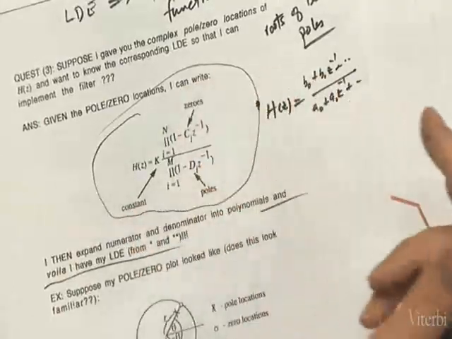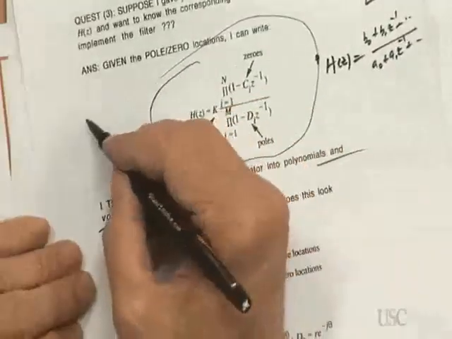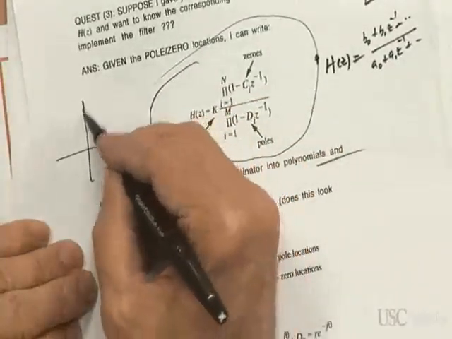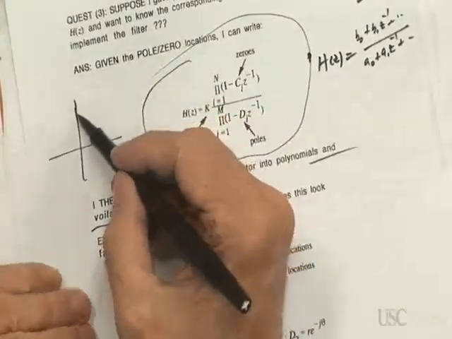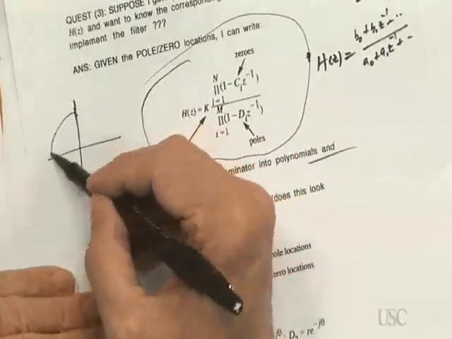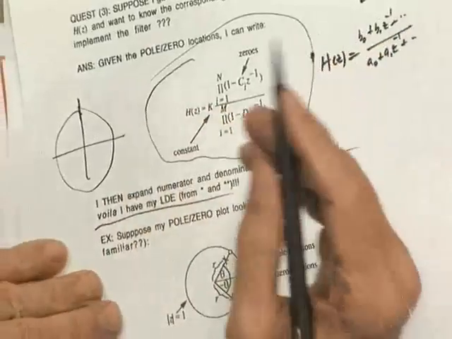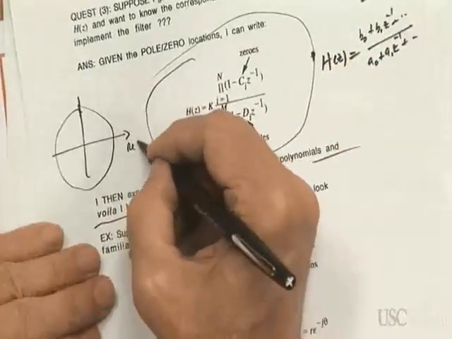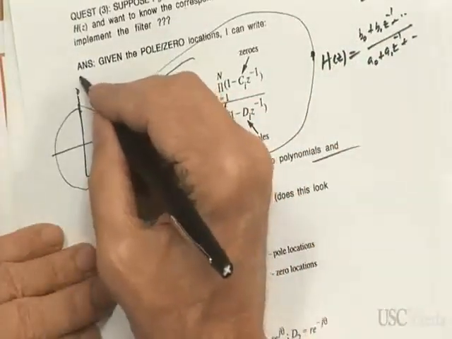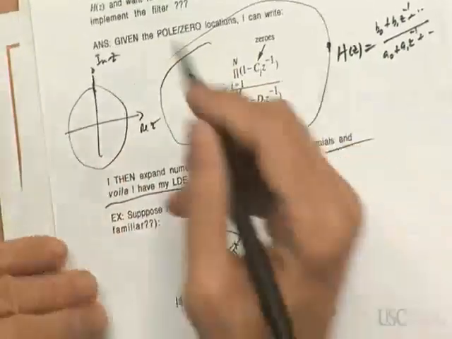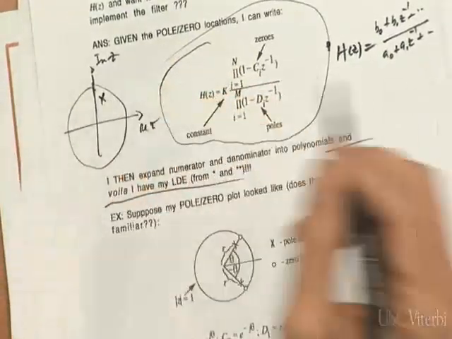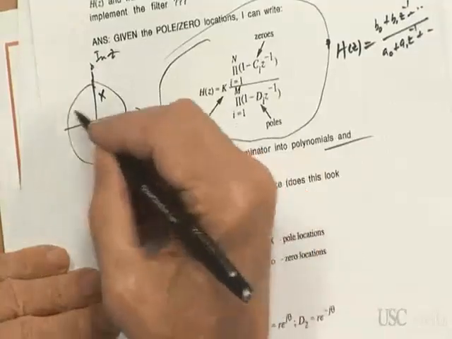If I give you the pole-zero diagram, here is my pole-zero plot. I always draw a circle, with real of z and imaginary of z axes, and I give you the poles and zeros of H. Say the poles are like this, maybe there are zeros over here.